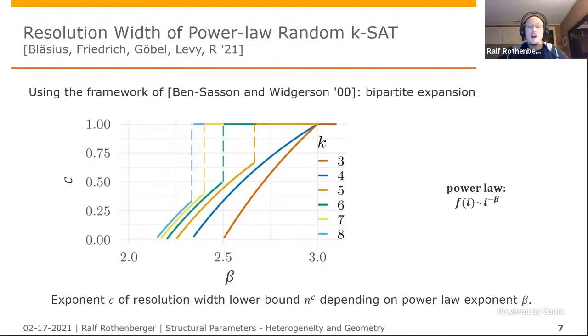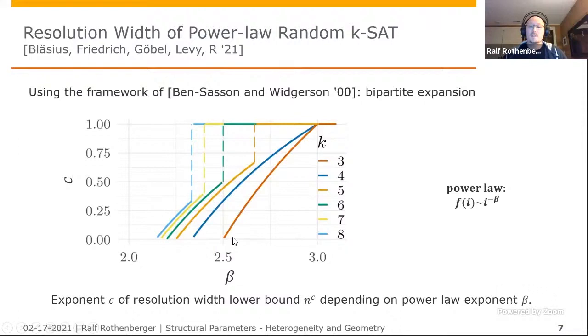These are lower bounds for the exponent c of the resolution width, n to the c, depending on the power law exponent beta. So for very small betas, for example, if you have k equals 3 and your beta is smaller than 2.5, we know that the resolution width is actually constant.